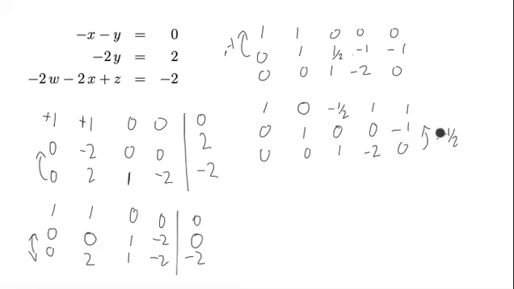Then we need to airdrop. This one, we want to cancel out, so multiply this one by 1/2 to go all the way to the top. So 1/2 would make that a 0.